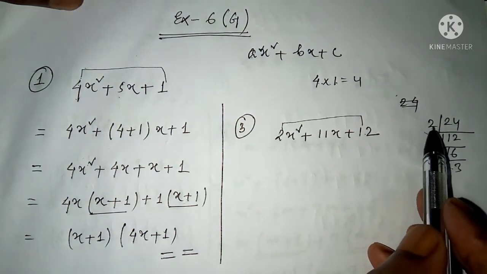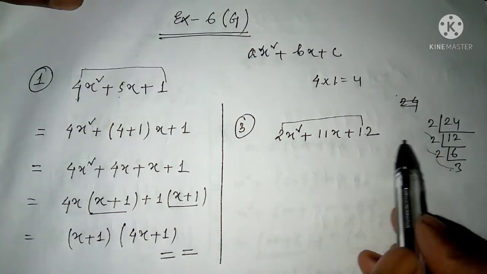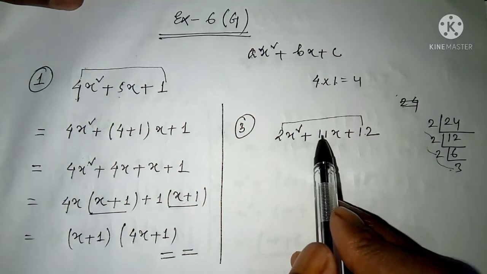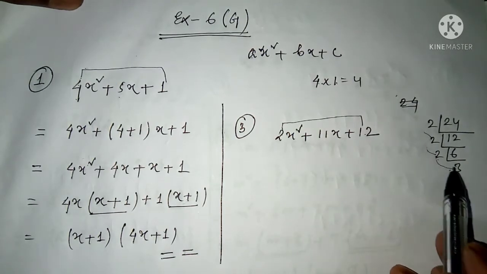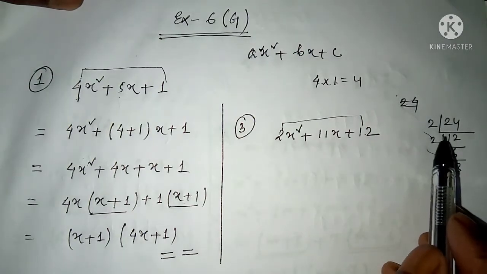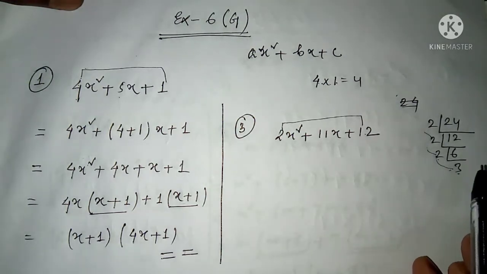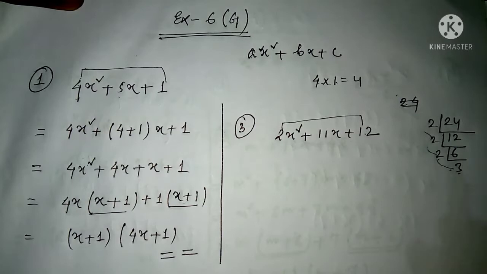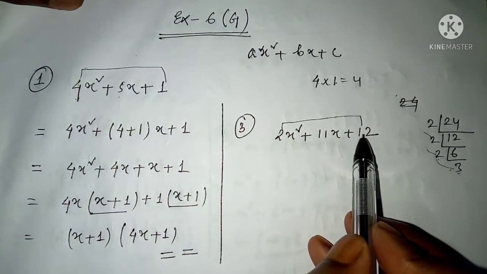Now I will combine these factors in such a way that by adding or subtracting I get 11. Then 2 twos are 4, 4 twos are 8, 8 plus 3 is 11. That means if I consider 8 and 3, both the conditions are satisfied, because 8 into 3 is 24, and 24 is the product of the coefficient of x square and the constant term.